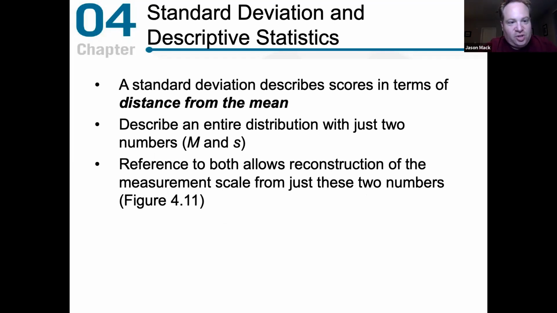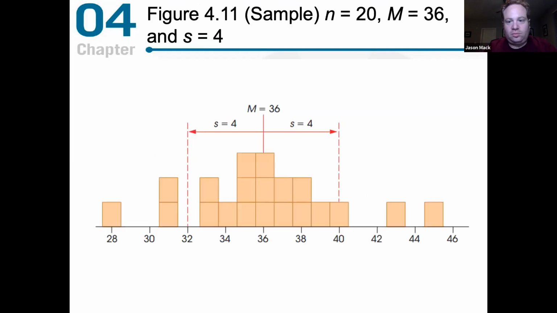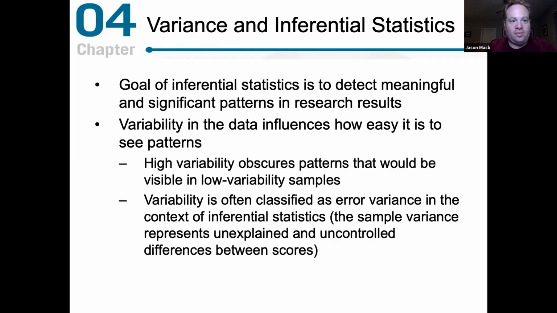You can describe an entire distribution with just 2 numbers, the mean and the standard deviation. Reference to both allows reconstruction of the measurement scale from just these 2 numbers. For example, a sample of n equals 20 with a mean of 36 and a standard deviation of 4.